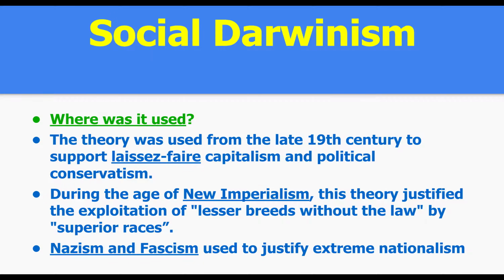It was also used during the age of new imperialism to exploit people known as quote-unquote "lesser breeds without the law" by superior races. Nazism and fascism also used social Darwinism to justify extreme nationalism.